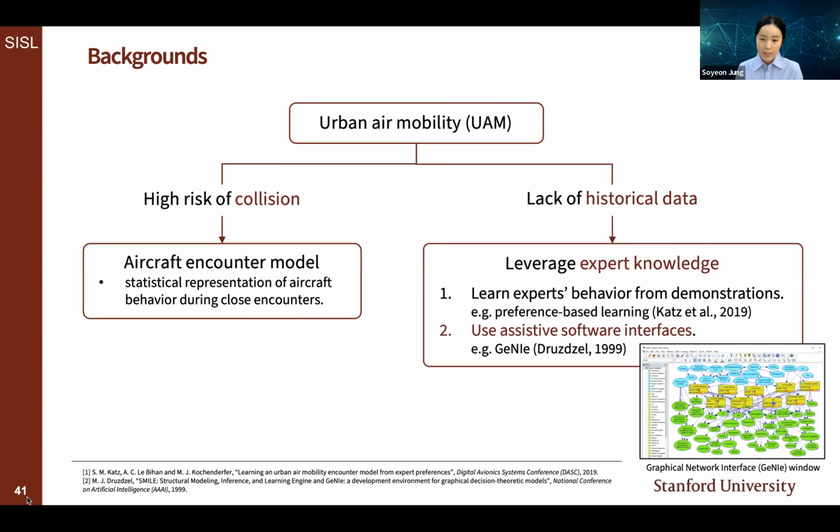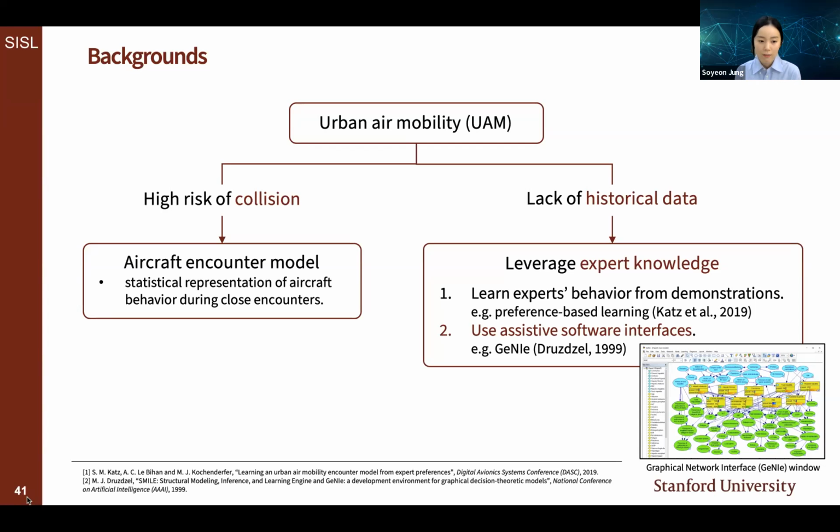Since we have limited data availability of UAM trajectories, we can instead leverage expert knowledge to build encounter models. One approach is to learn experts' behavior from demonstrations. Katz et al. used preference-based learning to learn the experts' preferences over encounter models through pairwise queries.